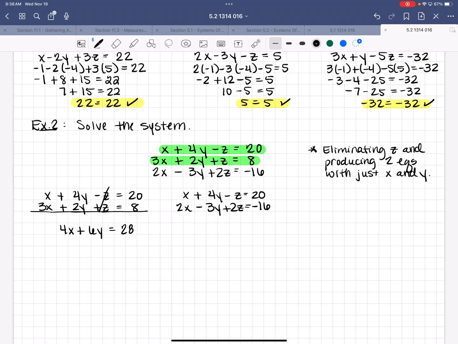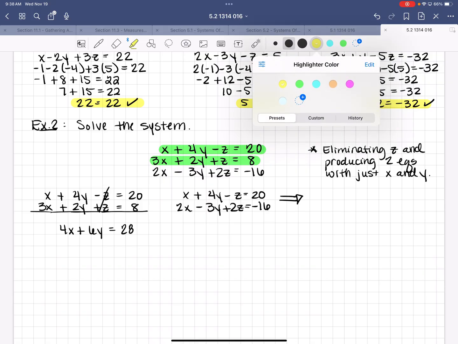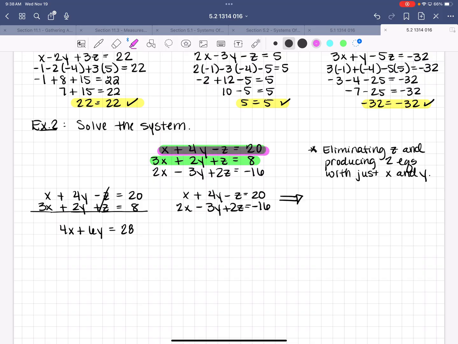Okay, now I'm going to write what he's going to become over here to the right. Because here's what I'm going to do with this one. We're using 1 and I'm using 3, right?